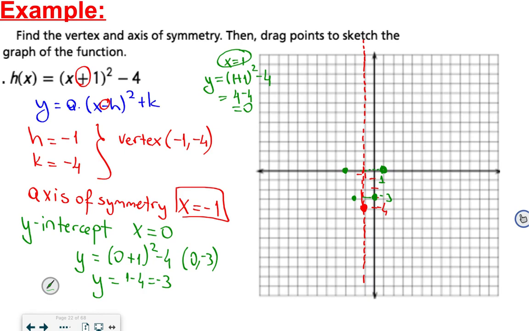All right, let me graph one more point, which is x is equal to 2. If x is equal to 2, what is the y-coordinate? Substitute. Y will be equal to 2 plus 1 squared minus 4. 2 plus 1 is 3. 3 squared is 9 minus 4, which is equal to 5. So if x is equal to 2, y is equal to 5. 2, 1, 2, 3, 4, 5.